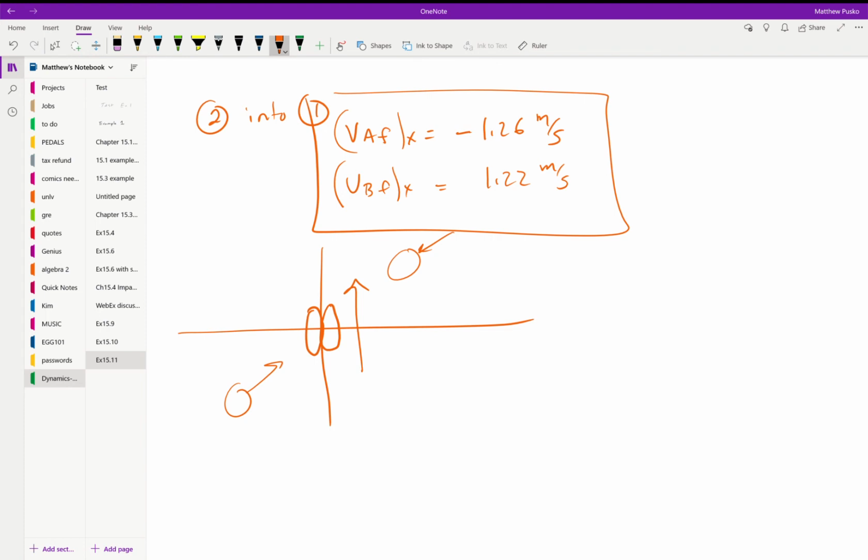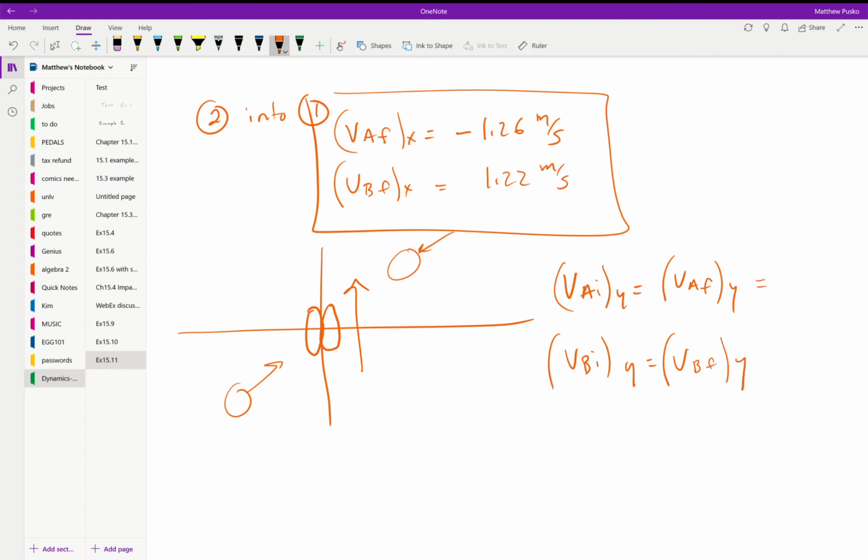So the velocity of A initially in the y direction equals the velocity of A final in the y direction, and the velocity of B initial in the y direction equals the velocity of B final in the y direction.